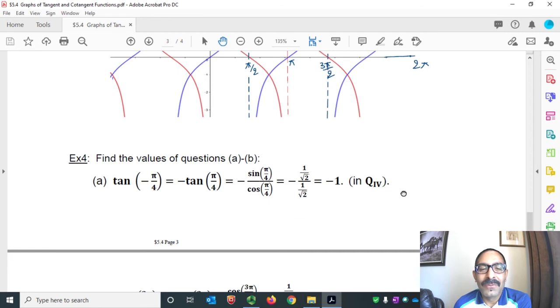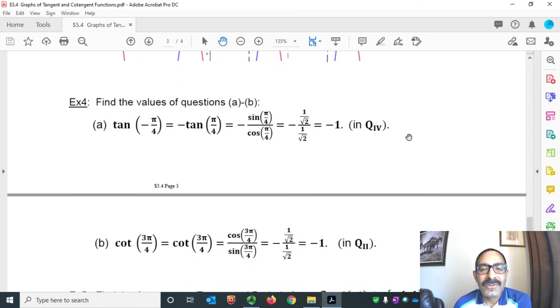Now example 4, find the values of parts A and B. In part A, let's compute the value of tangent of negative π/4. Since the tangent function is odd, tan of negative π/4 equals minus tan of π/4, the minus stays as it is. Then the tangent function is the ratio of sine over cosine.